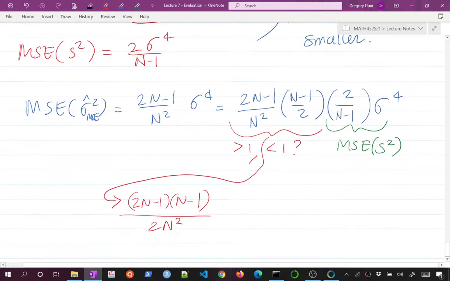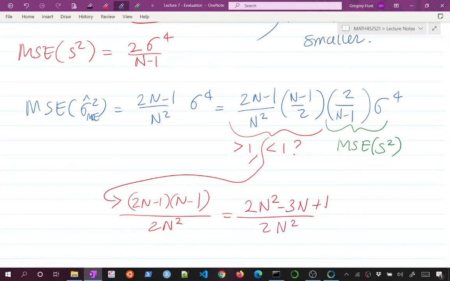And we can multiply that out. It's 2n squared minus 3n plus 1 over 2n squared. So now we basically matched the first terms in them. And so notice the top is the bottom minus something. We're always subtracting something as long as n is bigger than 1, which it always is in samples.